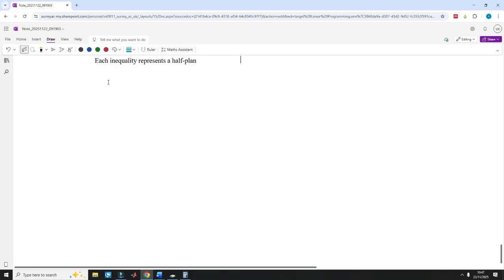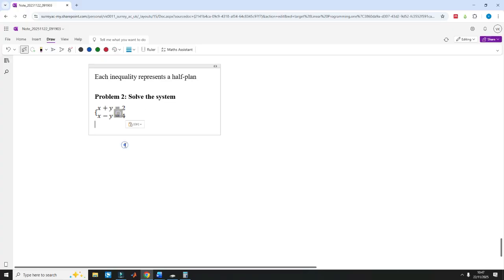I will give you a system of linear equations and ask you to solve this. Let me copy paste. Solve the system. This is a system of linear equations, isn't it? So how do you solve it?